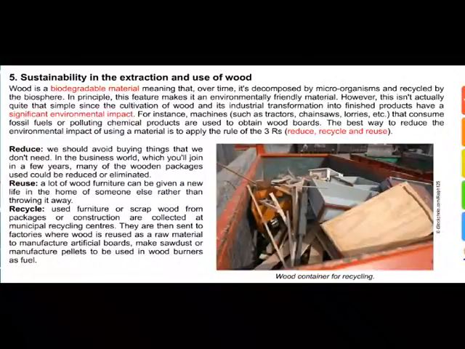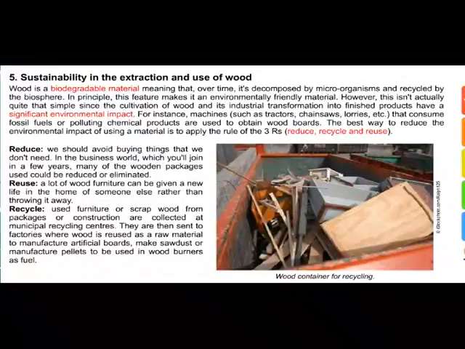Wood is a biodegradable material, meaning that over time it is decomposed by microorganisms and recycled by the biosphere. In principle, this feature makes it an environmentally friendly material.